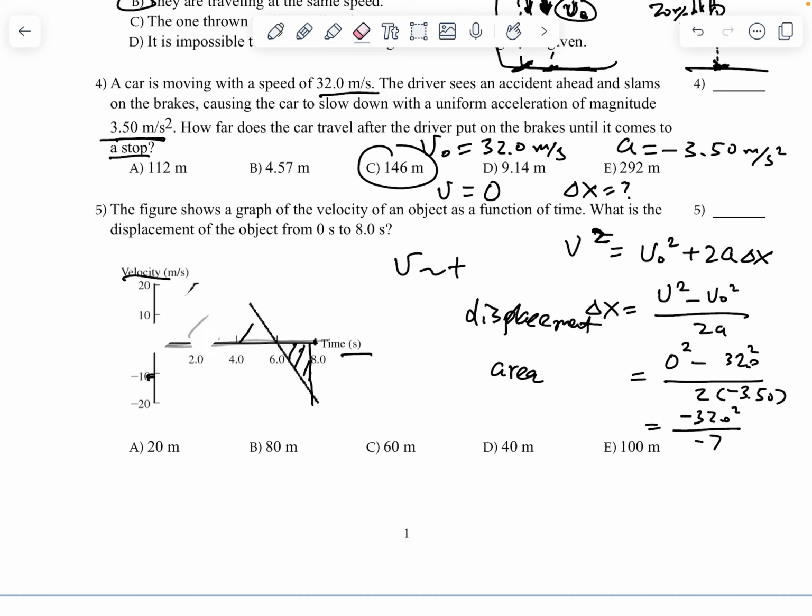So the total area is this area plus this area. What is this area? The x-axis is 2 seconds, the vertical is 20.